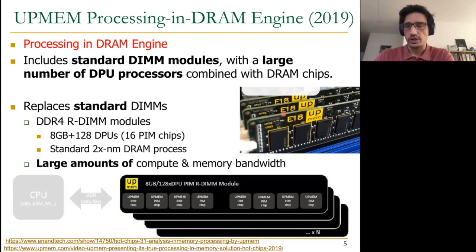These essentially resemble conventional DRAM DIMMs and include a certain number of chips. Concretely, we have 8 chips or 16 chips. And within each of these chips, we have a number of DRAM banks. And attached to each of the banks, we have these DRAM processing units or DPUs.